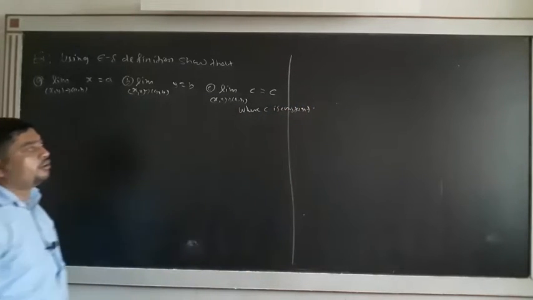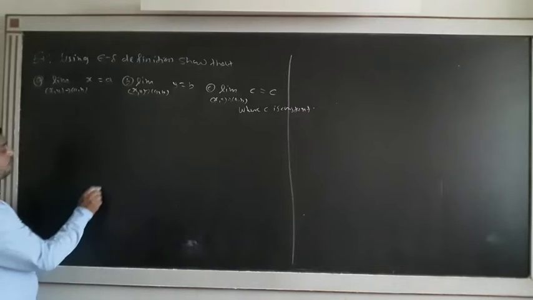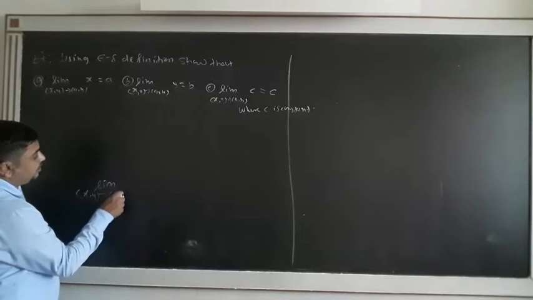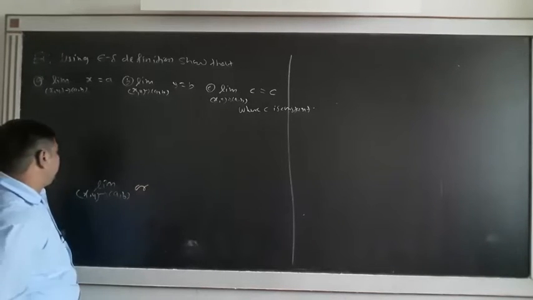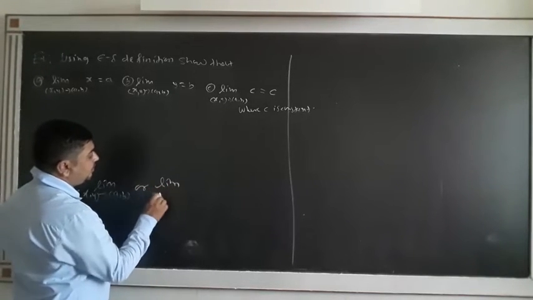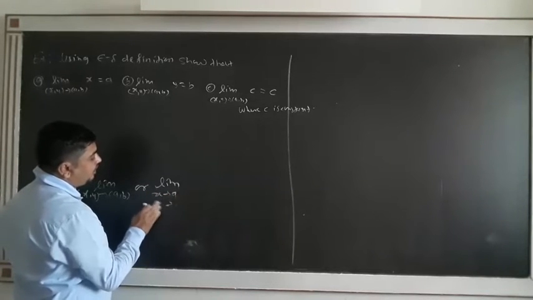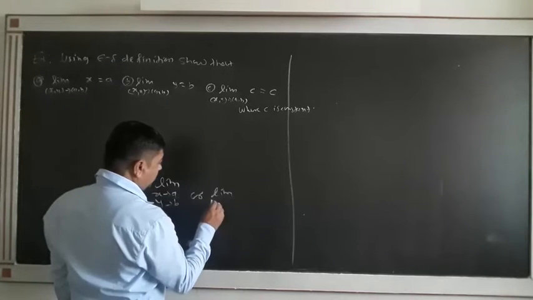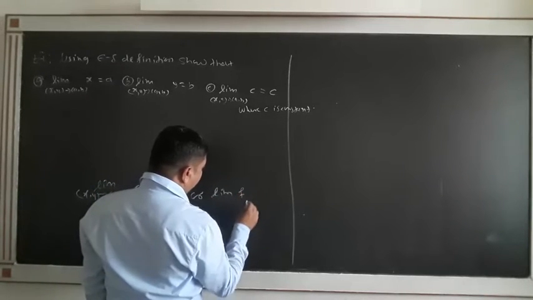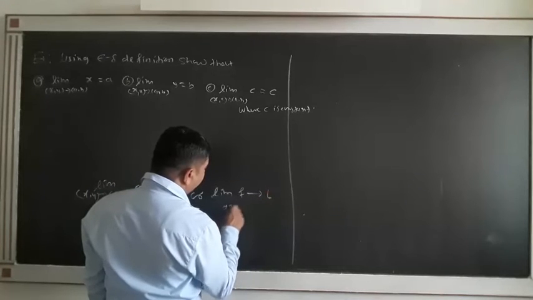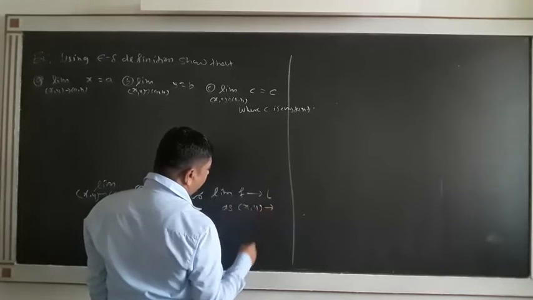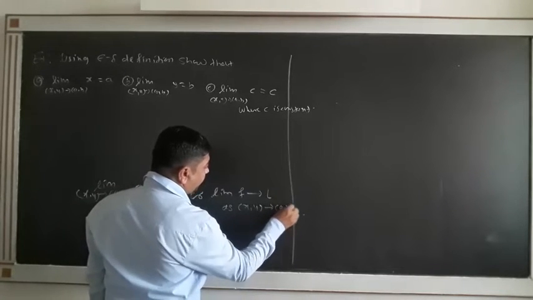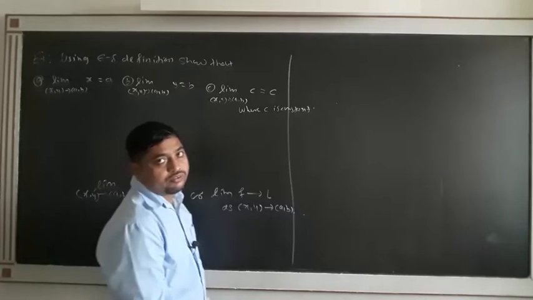This limit can be shown like this: the limit as (x, y) tends to (a, b), or we can show it as f tends to L as (x, y) tends to (a, b).